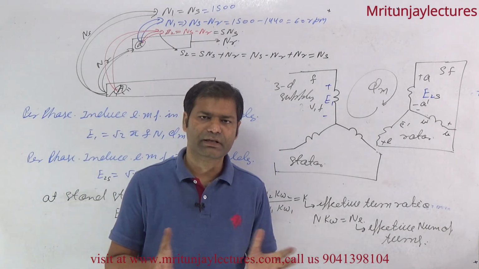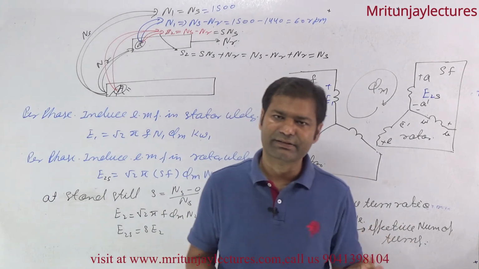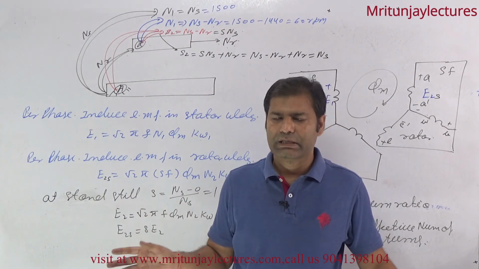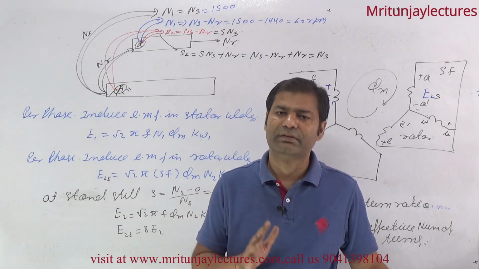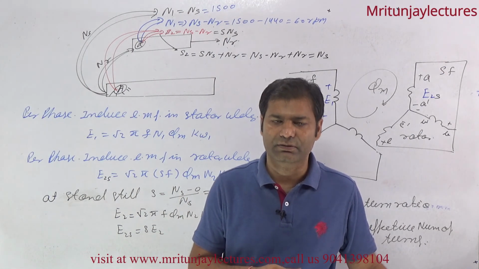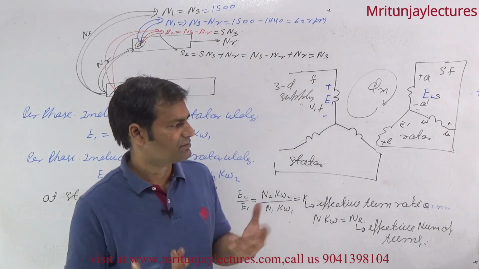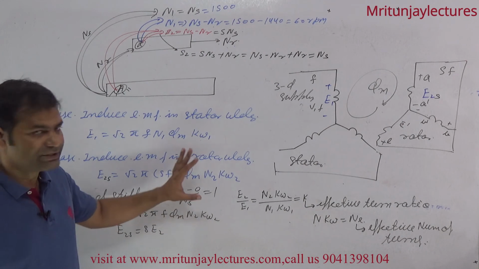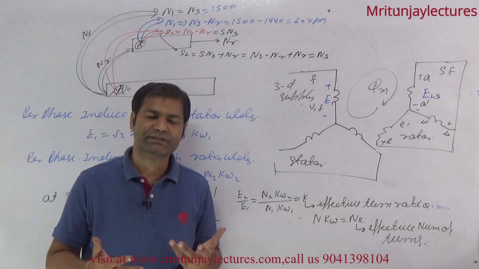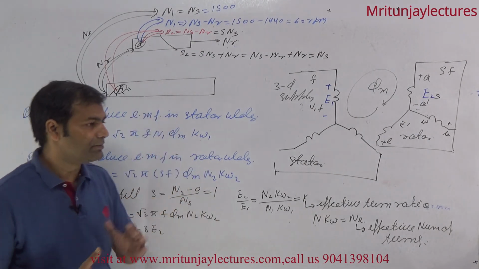In a transformer it is on the primary or secondary side, but here we discussed the per phase equivalent circuit of the induction motor on the stator side. How to express the current and the voltage. Okay, so it is clear. After this class we discussed relative speed problems.